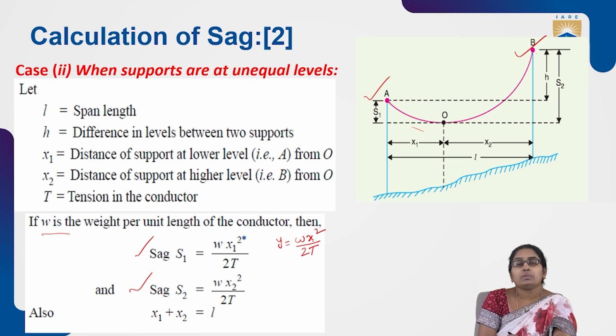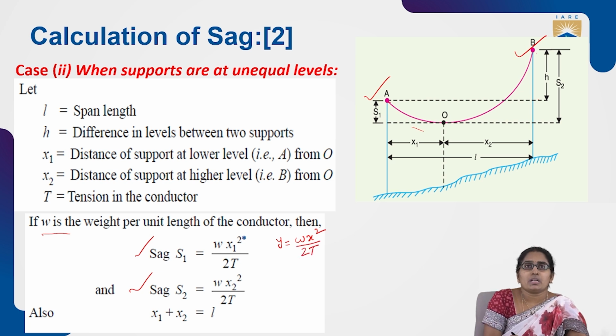In that case, we took a small portion of the conductor and a point along it with coordinates small x and small y, where x is the horizontal distance and y is the vertical distance of that point.